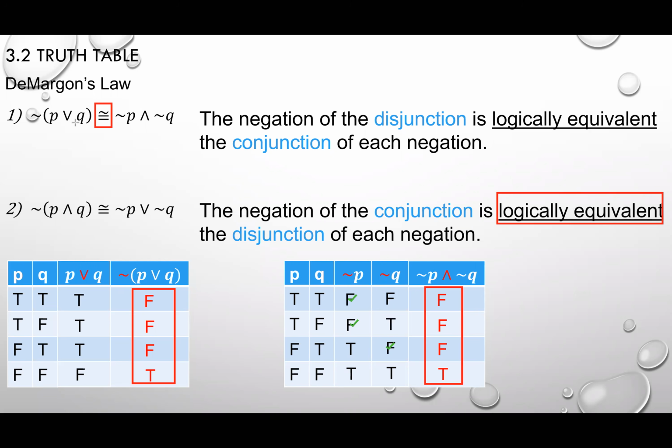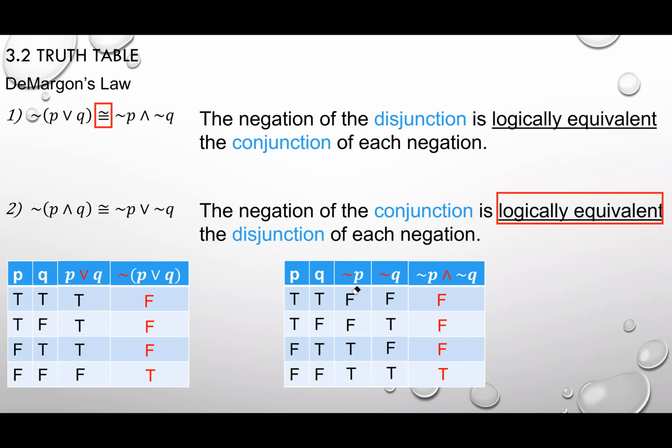So in order to know if it's equivalent or not, you need to construct your truth table and look at the final result. If the final results match exactly, line per line, we say that they are logically equivalent.